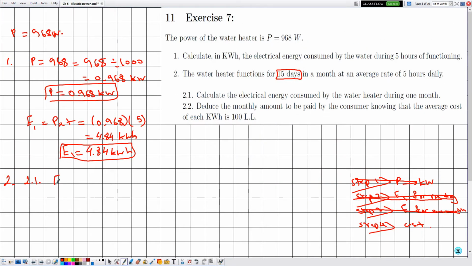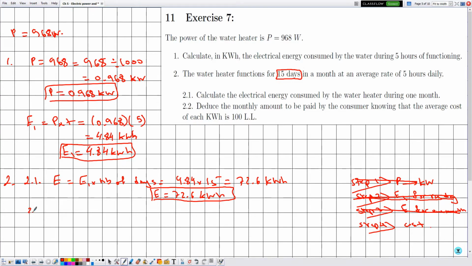Then E is simply given by E1 times the number of days, which is equal to 4.84 multiplied by the number of days in 1 month, which is 15. Now plugging this on the calculator, the value of E, the total energy consumed per month, is given by 72.6 kilowatt hours.